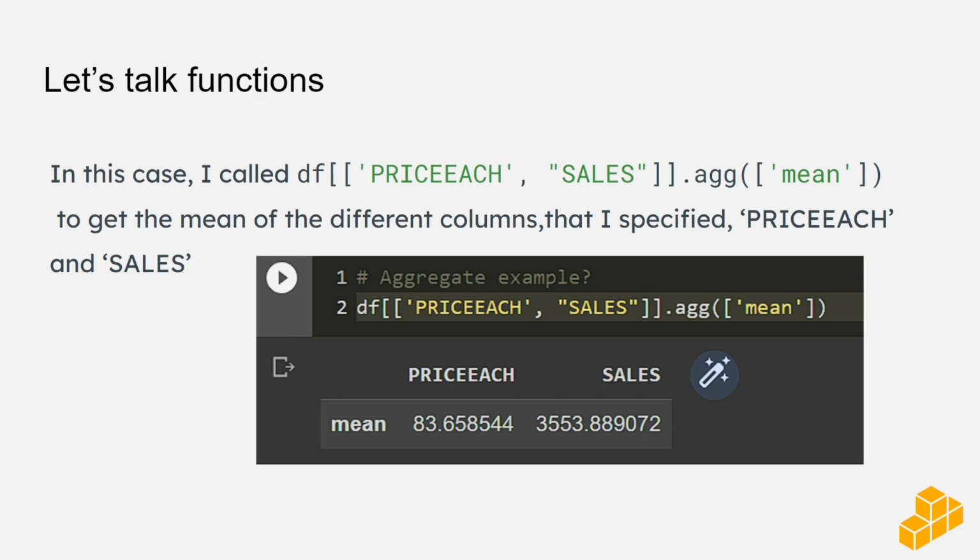Here you can get the mean of your price each, which is basically 83.73, and for sales you get the mean of that also, like here. So this is one way of finding the mean of many data in one column.